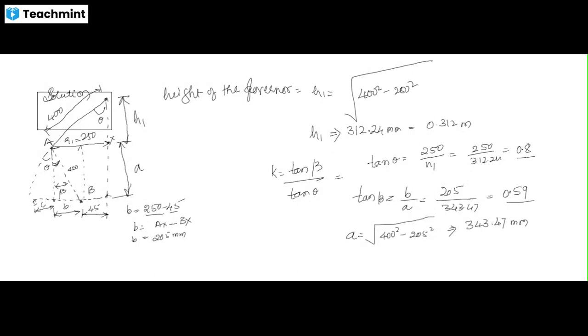Now let us look here. K equals tan beta divided by tan theta, which is 0.73. How much did you get? K equals 0.7374.